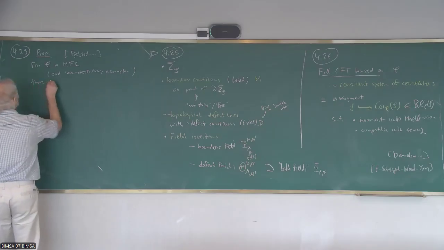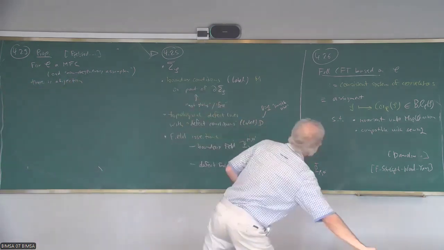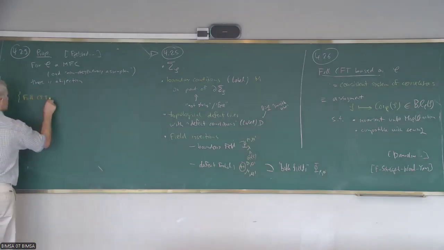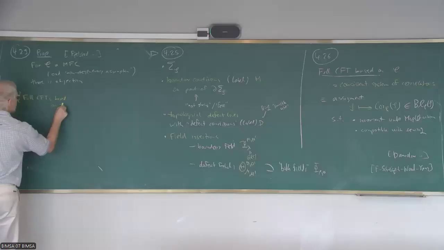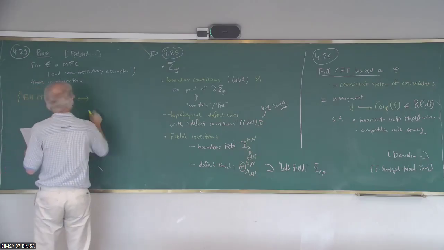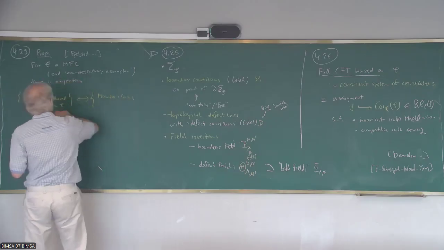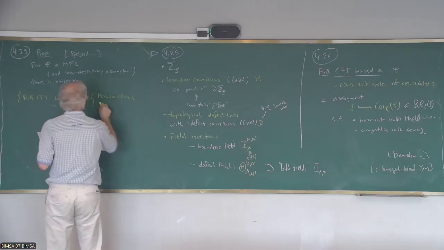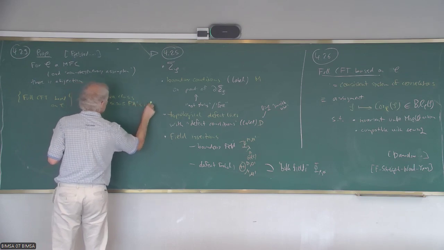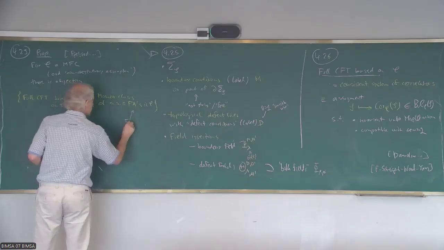There is a bijection between full CFTs based on C, full CFT in this sense, and Morita classes of SSS FAs in C, where this here stands for Frobenius algebra.